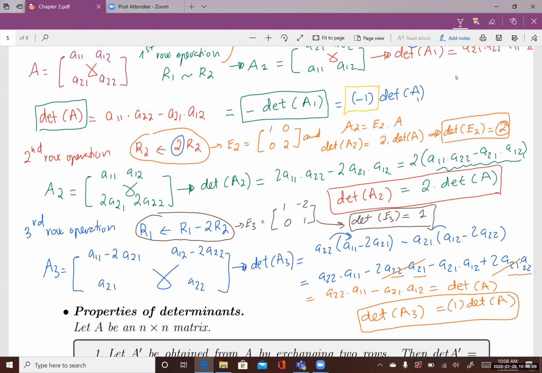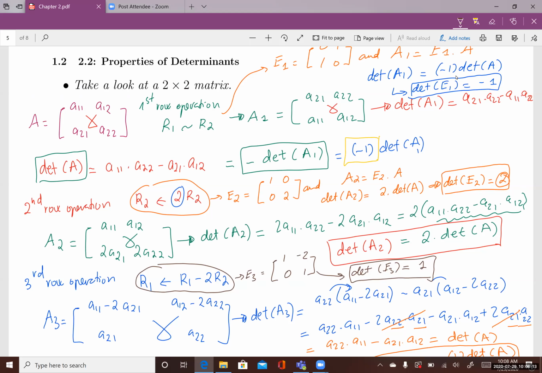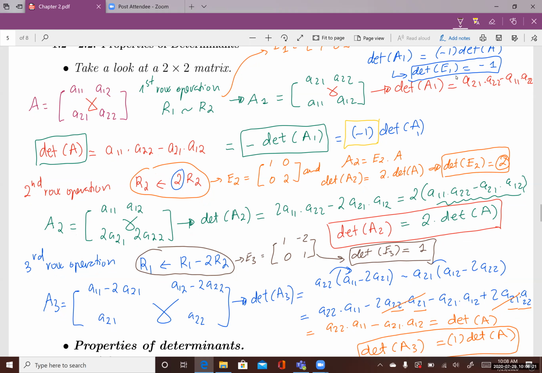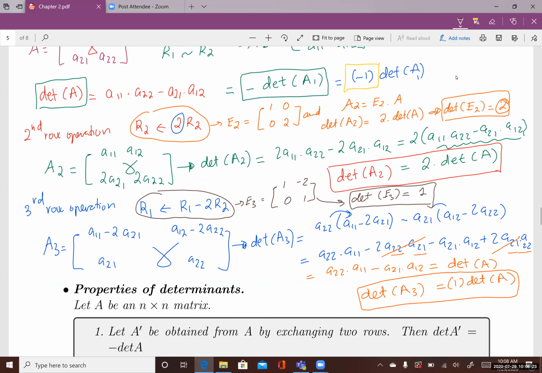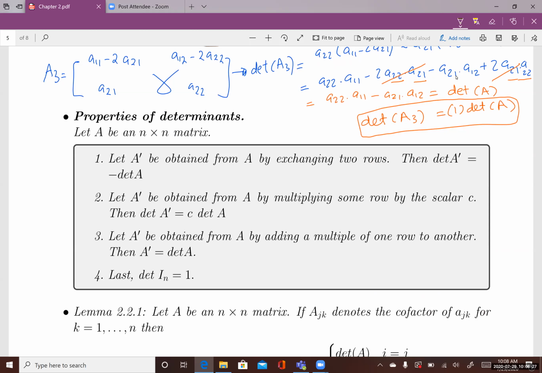So we learned how to find the determinant of the resulting matrices after some of the row operations, and we can figure out the determinant of each of the elementary matrices corresponding to different row operations. This is the summary of what we just did.